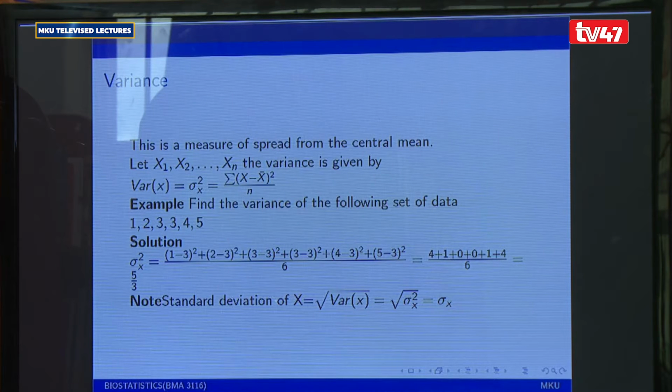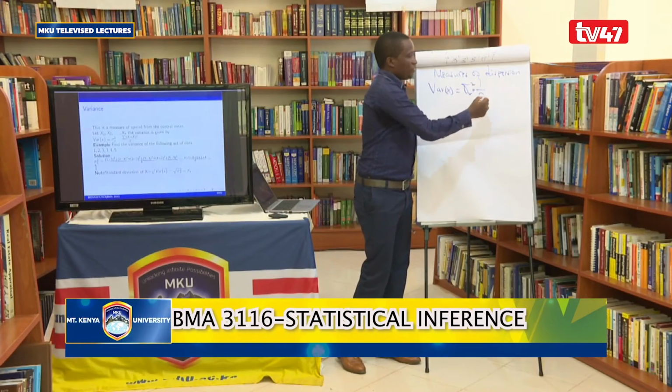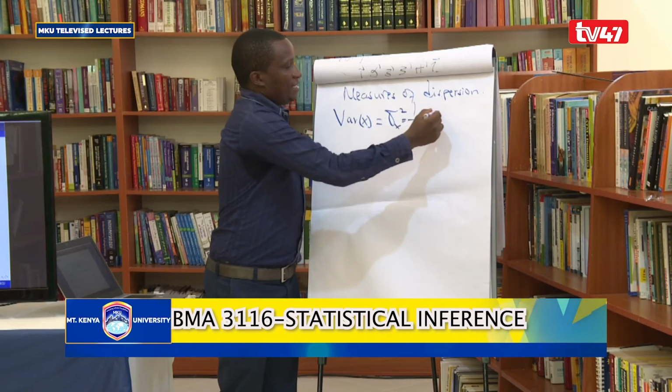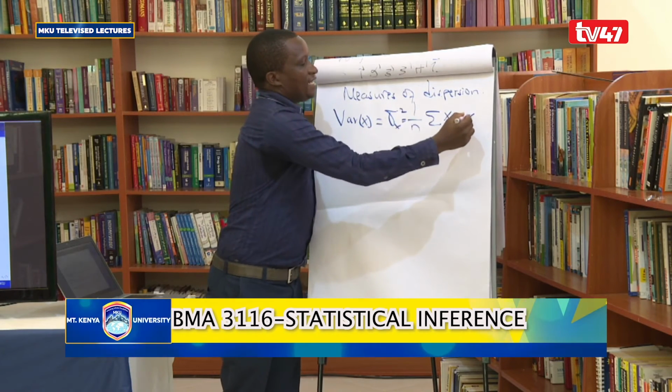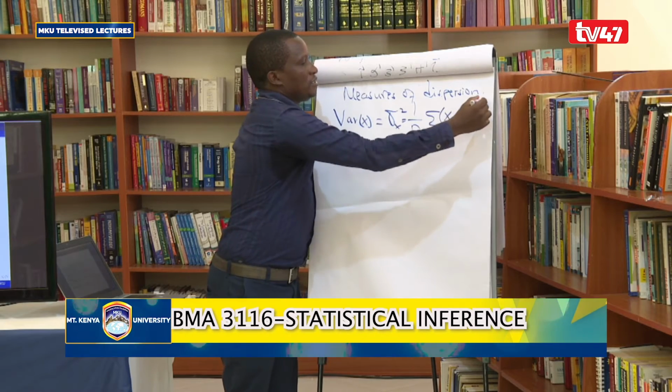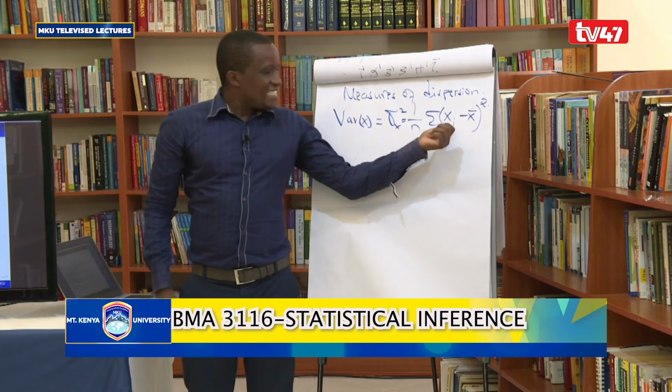So the variance asks the question, how far are certain observations from the value that we obtained from the mean? In that case, variance of x, also normally labeled by the Greek symbol sigma squared of x, is normally obtained, when we have ungrouped data, as 1 over n, then you sum each of the observations minus the mean, squared. So you can see that this is every observation.